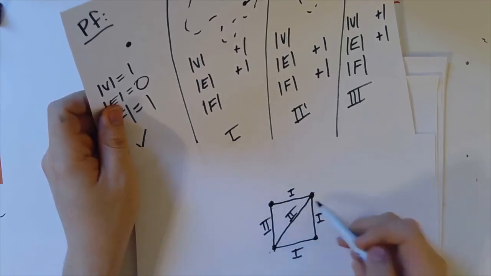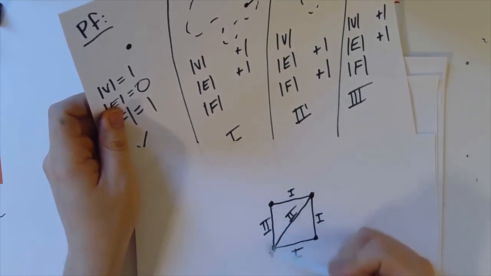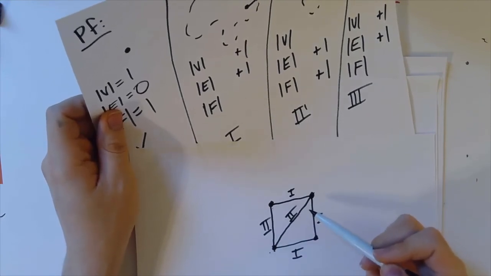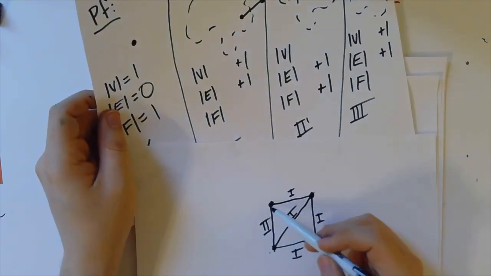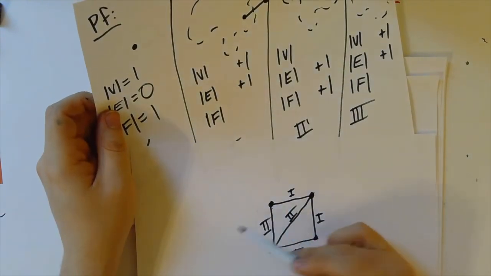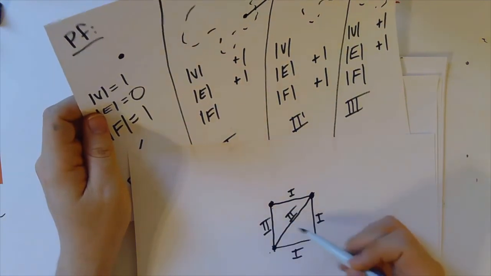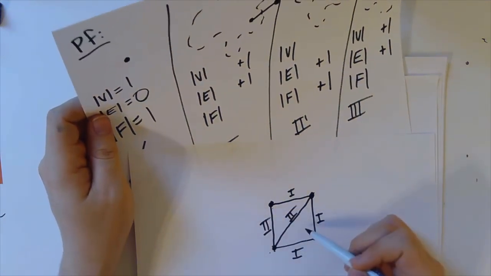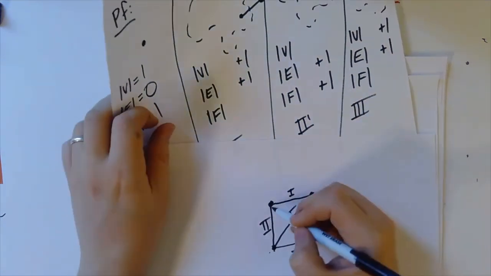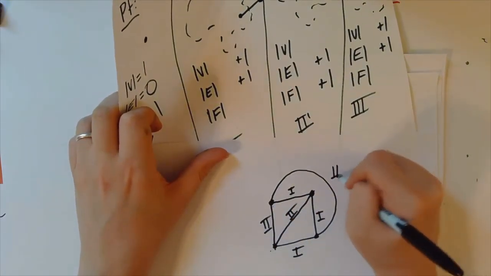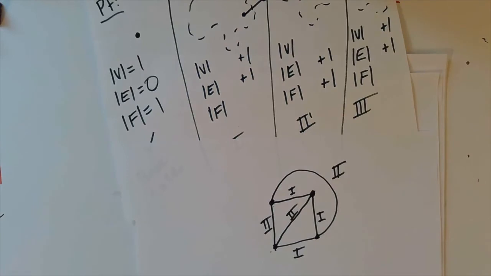I connected 2 vertices. Notice both of these step 2s that I did increased the number of faces by 1, because once I drew this vertical line in, it separated the outside and the inside of the square. And then once I added this one, it separated the square into 2 triangles. And then lastly, I need to connect this piece to this piece. That's still a step 2.